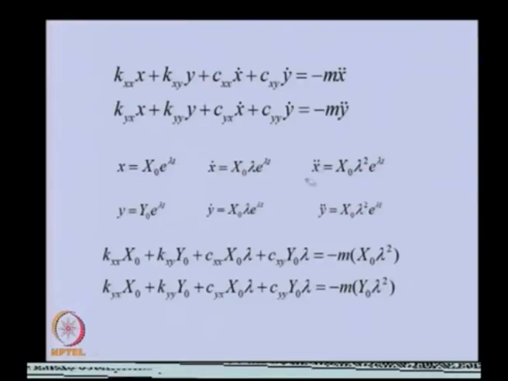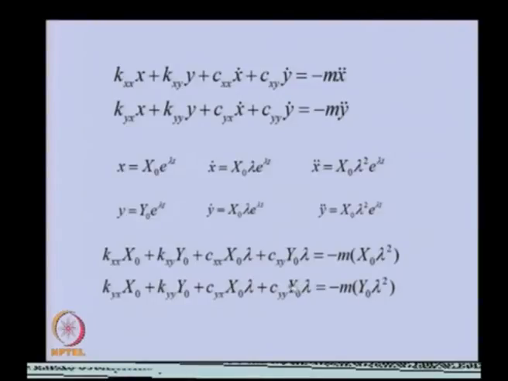We can take the derivatives of these two and substitute in the equation of motion. Now we will get this equation and all the time dependent terms will vanish. In this, the lambda will be there. Now you can see basically this is a homogeneous equation.